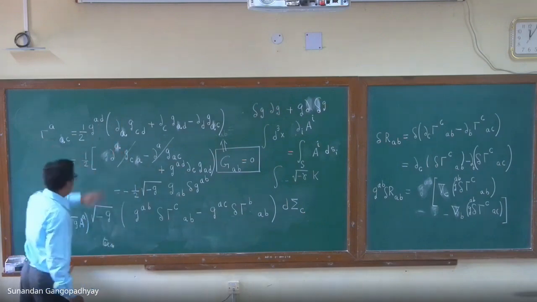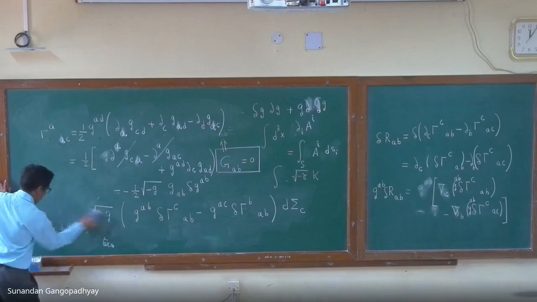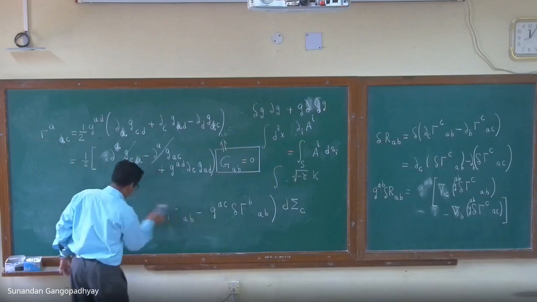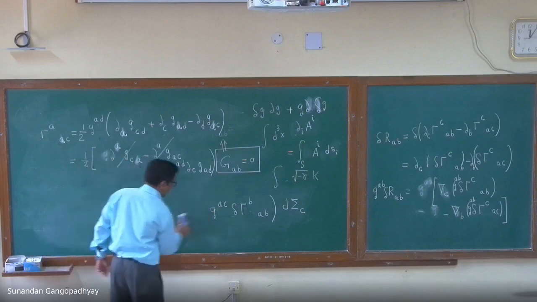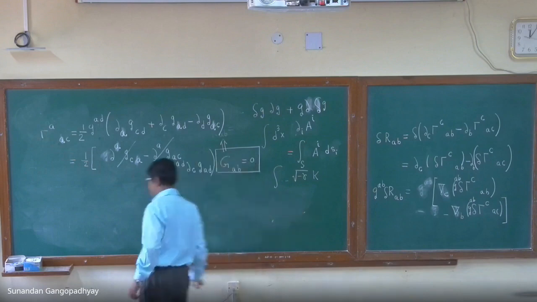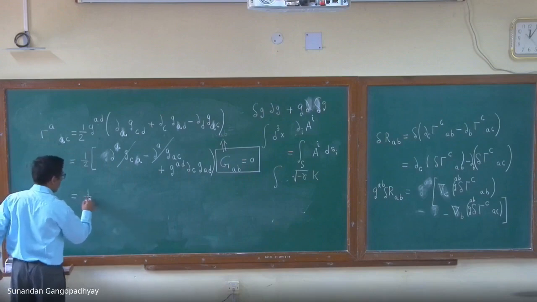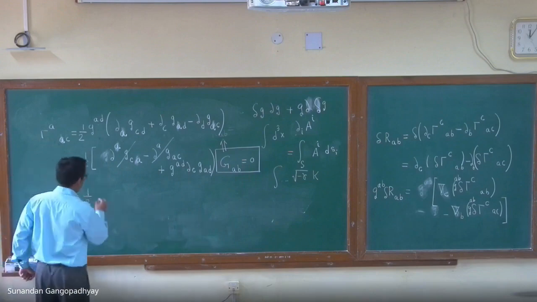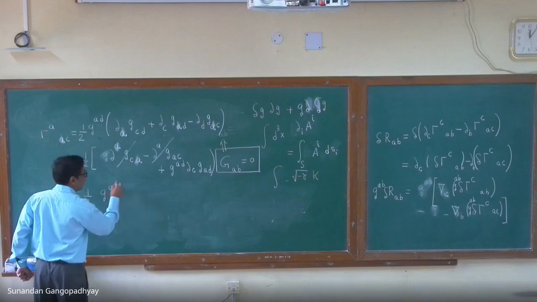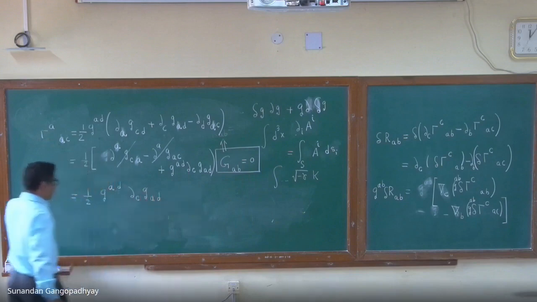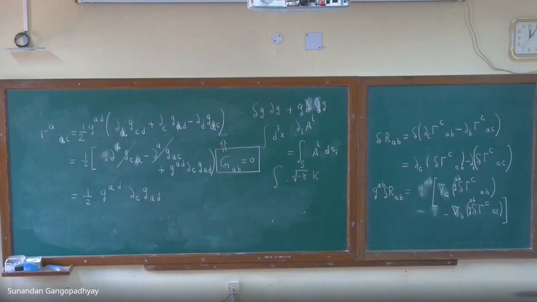So this is basically nothing but equal to half A D, D is equal to this.